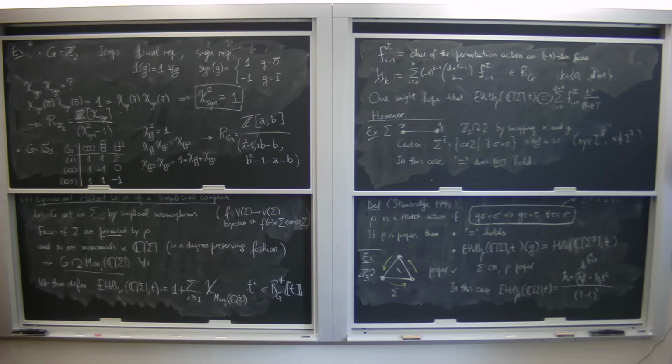And what is the actual condition? It's even stronger than properness. It says that in this context, if you do have, say, V and GV, so V is a vertex, GV is a translate of that vertex.